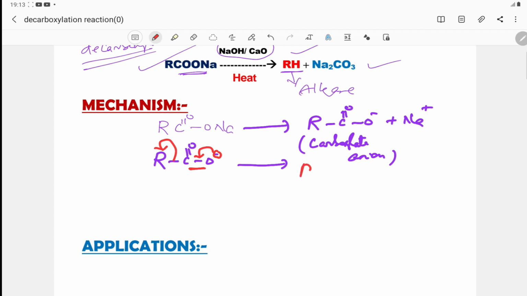So this is R minus and carbon dioxide is released.